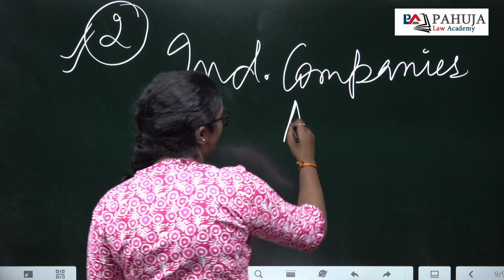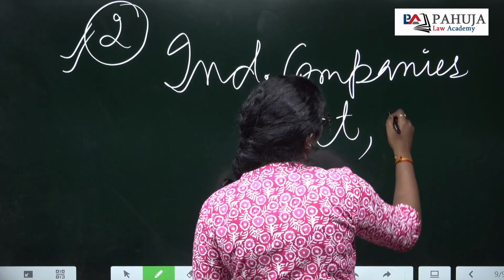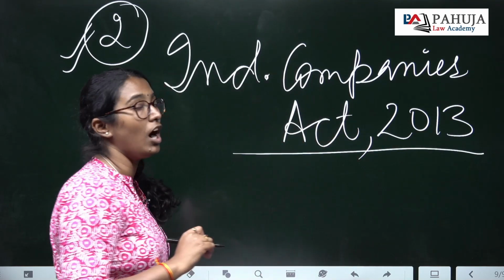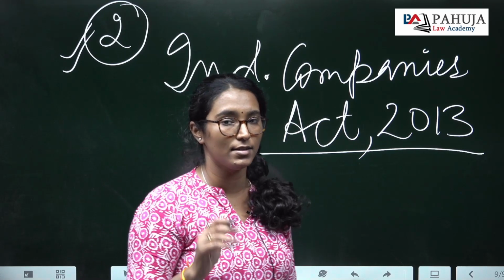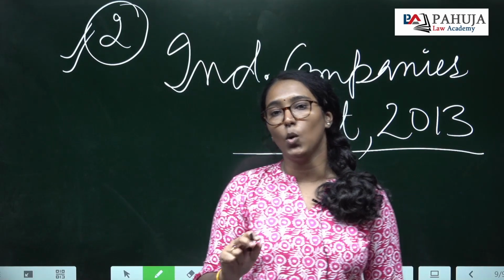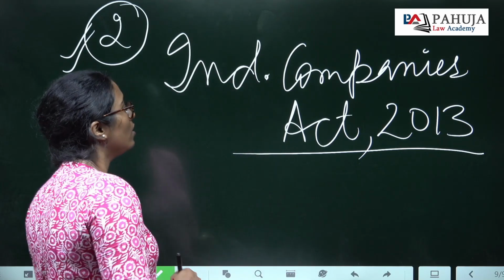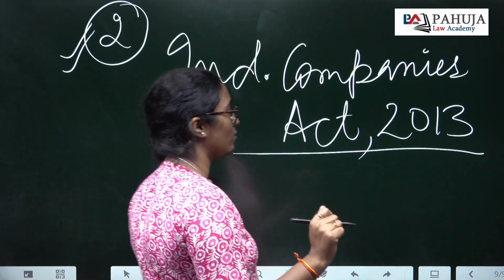The Indian Partnership Act does not give a provision as to how many persons can be partners. There is no limit on the maximum number in the Indian Partnership Act. So it brings us to the Indian Companies Act 2013.